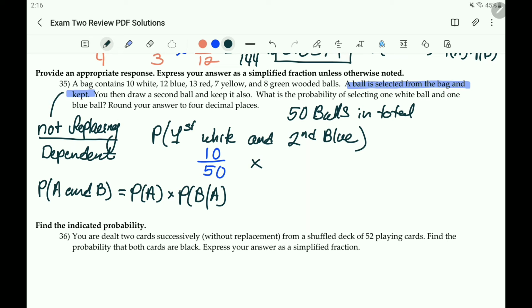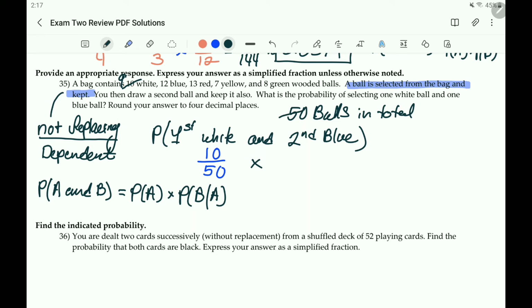Find the probability that the second ball is blue. But remember, the ball is kept. It is not being replaced. So if I take 1 white ball out of my bag, I no longer have 10 left. I now have 9. And if I remove 1 ball out of the bag in total, there's no longer 50 balls in the bag.